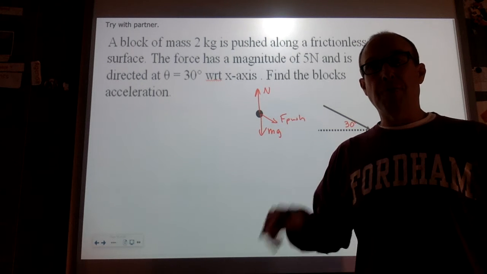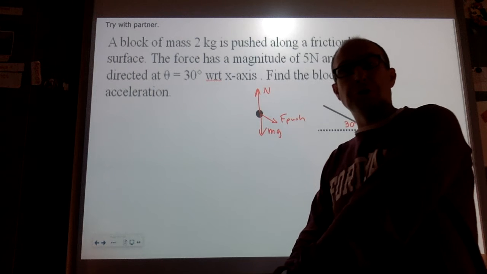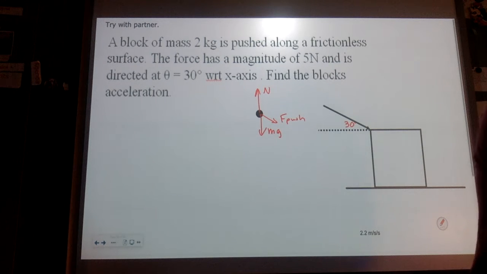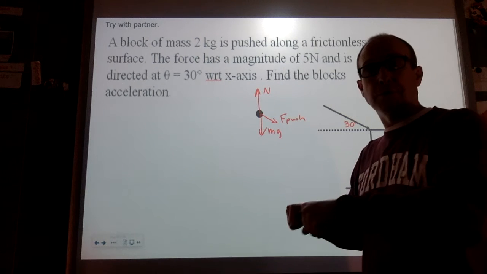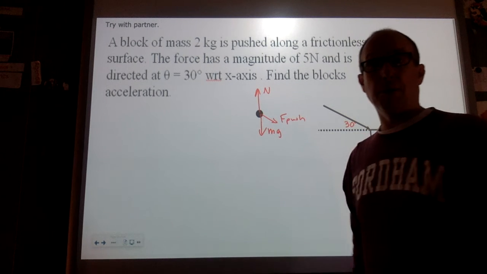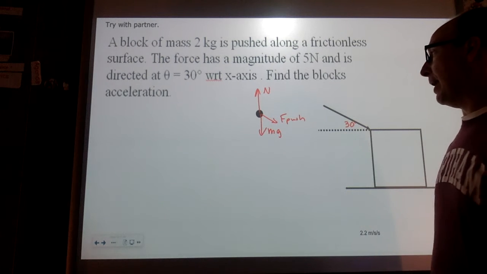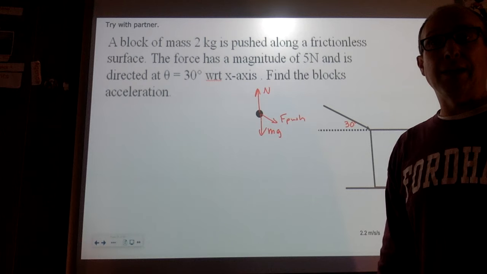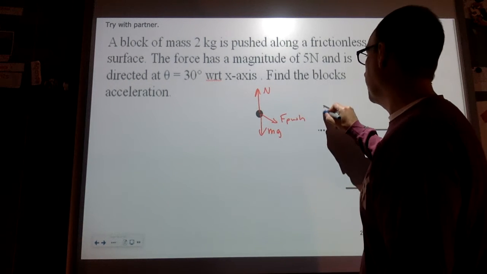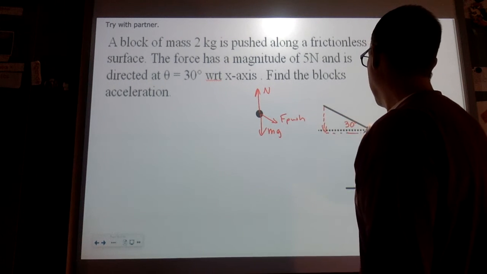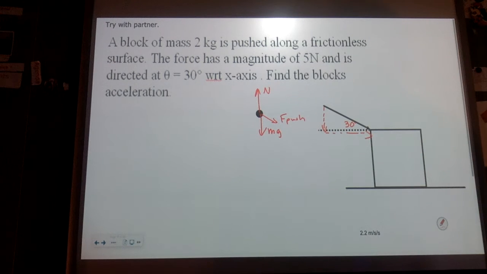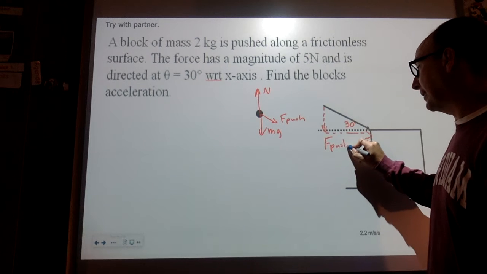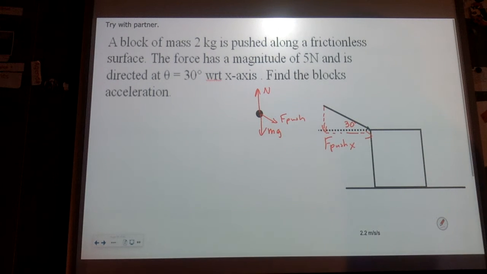Because when you have weight going down, but also you have part of the push going down, like you're pushing a broom or a lawnmower and it has an angled handle, you're actually pushing down as well. All right, I don't like this one at an angle, so I'm going to get rid of the angle. And so I'm going to consider the two parts of F push, Y and F push X. F push X is going to cause my acceleration.